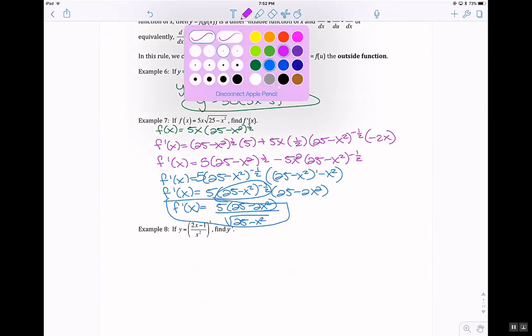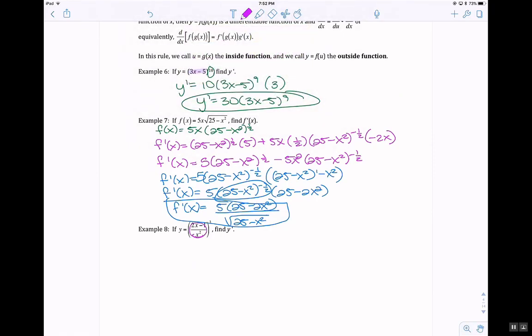My next one, my inside function is my quotient, and my outside function is my third power. So y prime is 3 (2x minus 1 over x squared) squared, and then low d high minus high d low over low squared.